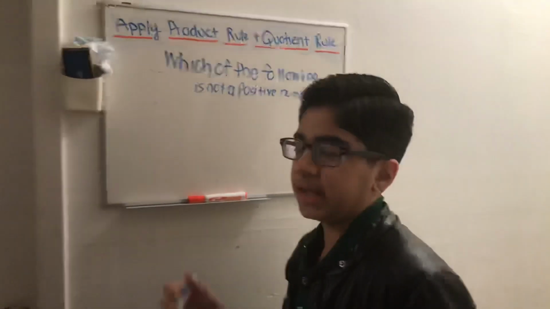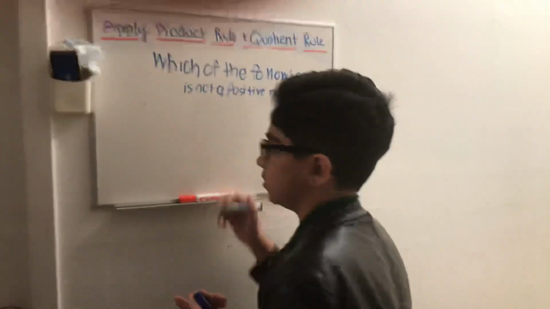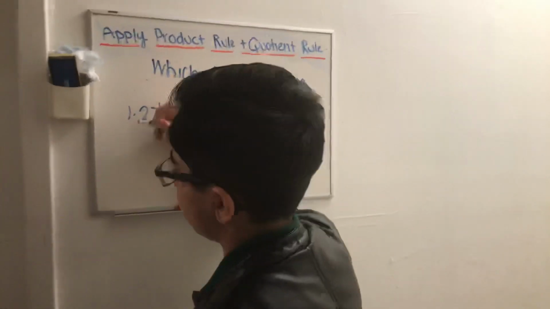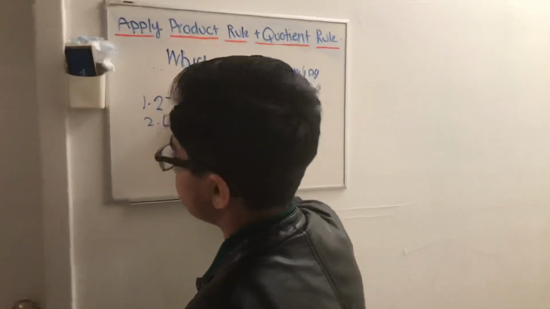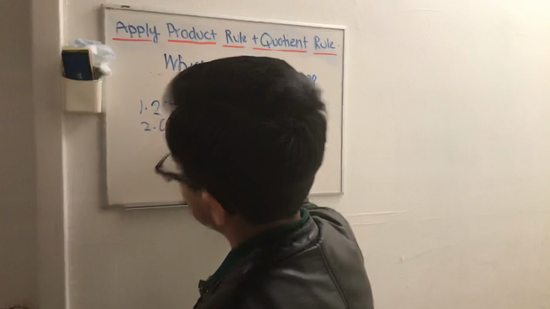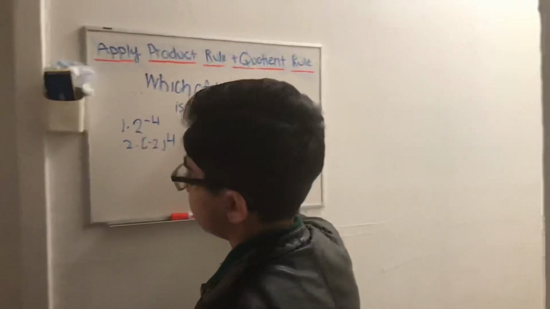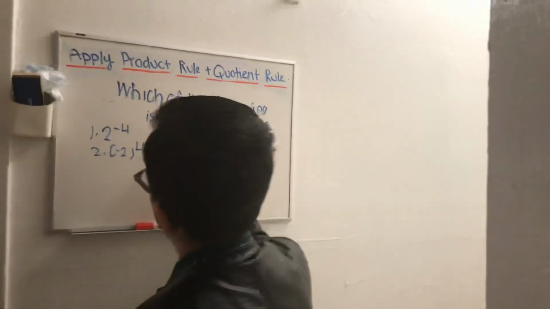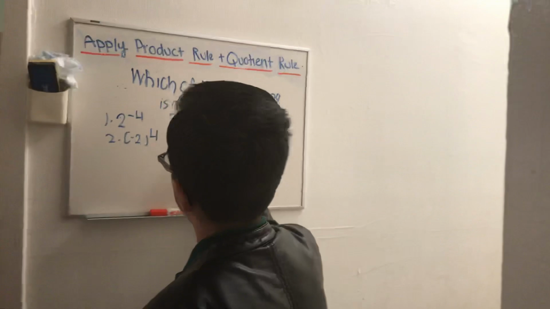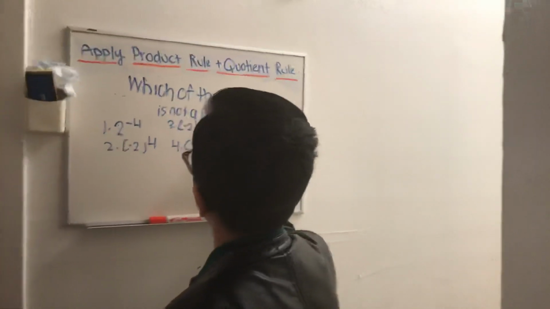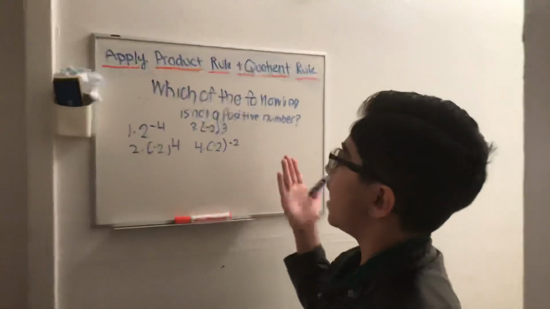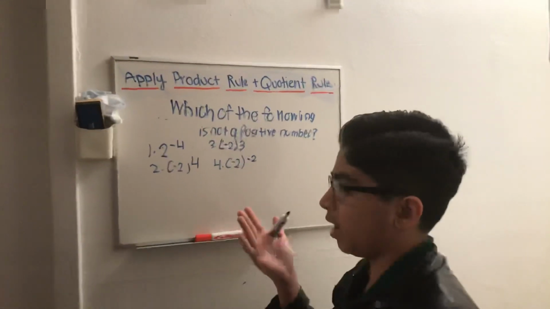And you're given a set of multiple choices. 1, 2 to the power of negative 4. 2, negative 2 to the power of 4. 3, negative 2 to the power of 3. And 4, negative 2 to the power of negative 2. Now you're given these 4 multiple choices, and they're asking you which one is not a positive number.